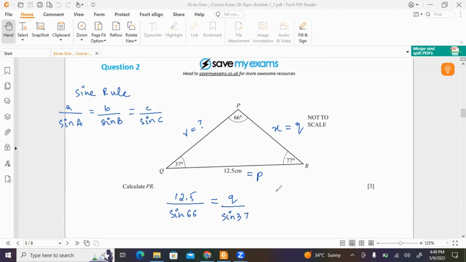Cross multiply and make q the subject of the equation. So 12.5 times sine 37 over sine 66 equals q. Plug this into the calculator, so 12.5 times sine 37 divided by sine 66. That gives you 8.23 centimeters. That is your value of q, PR, whatever you want to call it.